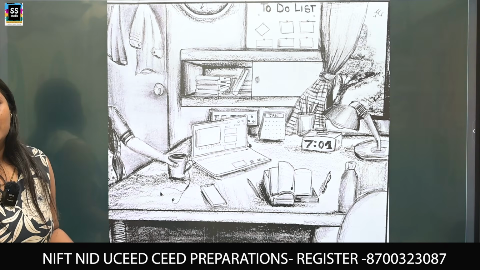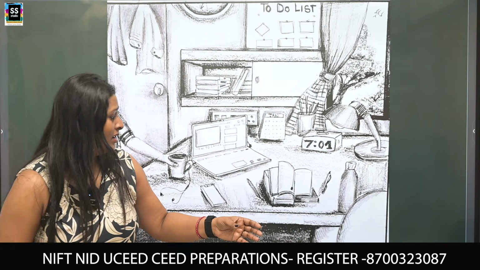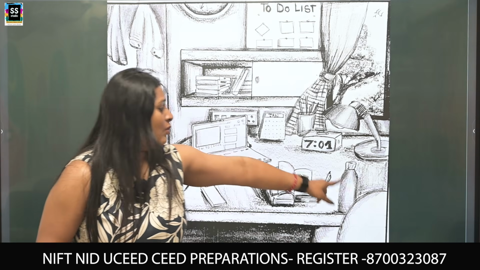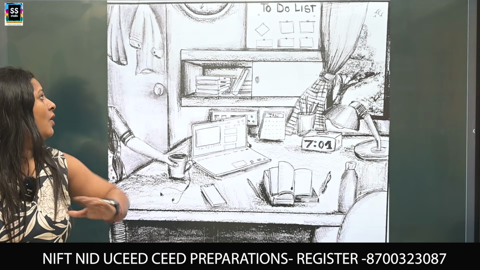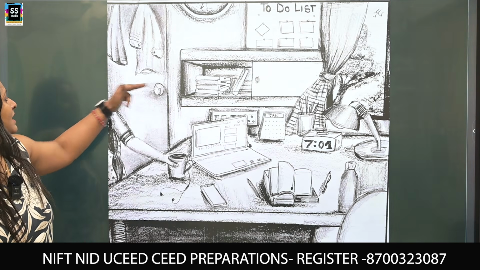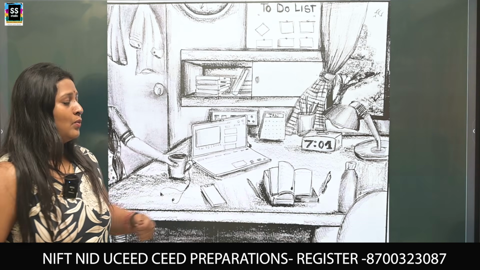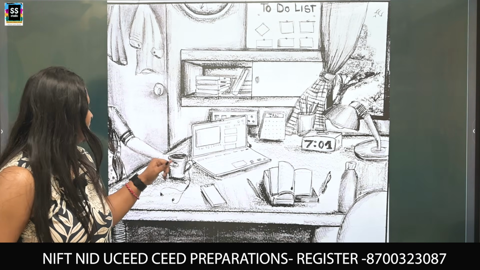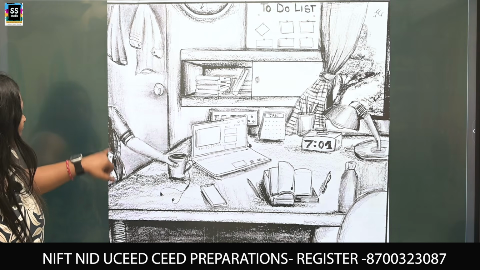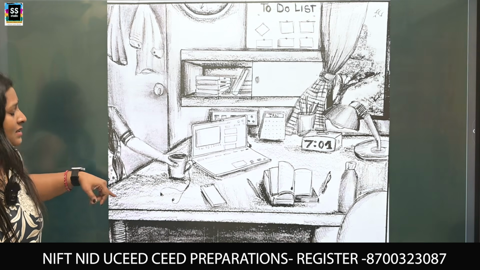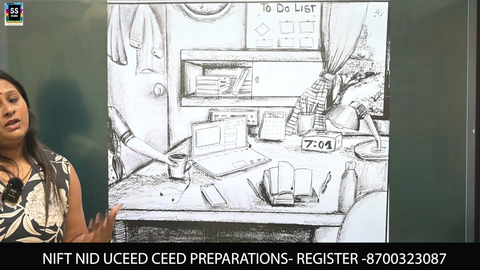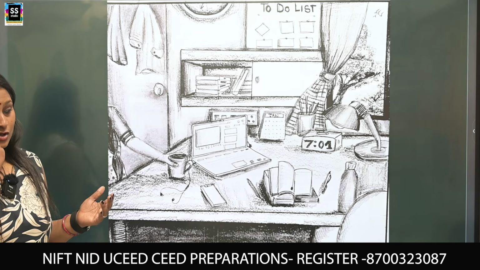And a coffee mug, if someone is giving you milk or a coffee, it's kept here, and a bottle and a pen. So all these things are very important, and that's how the door has been opened. Someone came inside, and it's a she, you can see the head here. So the complete storytelling has been done through this composition.